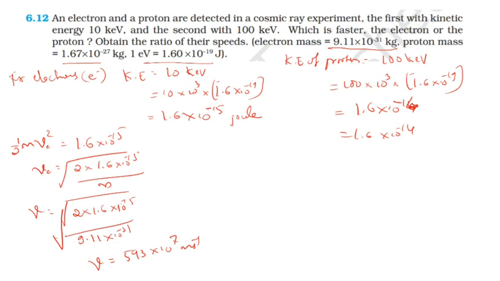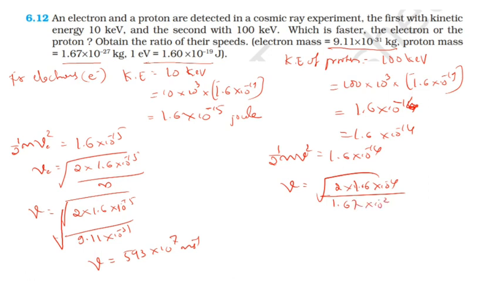And next, I want to calculate the speed of the proton. We can write 1 by 2 m v square is equal to 1.6 into 10 to the power minus 14. Again v is equal to the square root of 2 into 1.6 into 10 to the power minus 14 divided by the mass of the proton. So this will be 1.67 into 10 to the power minus 27.